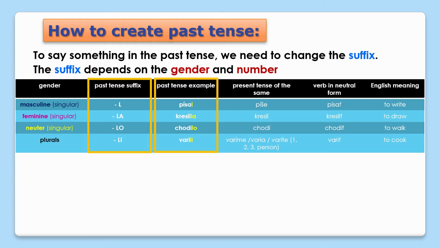And with all of the plurals, we use li. So, for example, písal, he wrote, kreslila, she drew, chodilo, it walked, varili, they cooked, or we cooked, or you cooked.